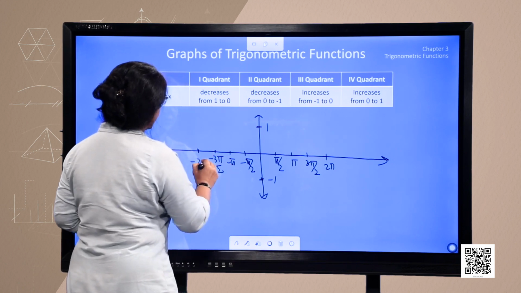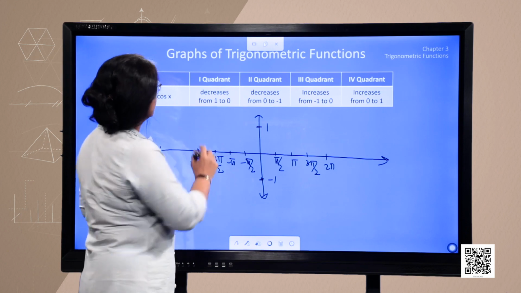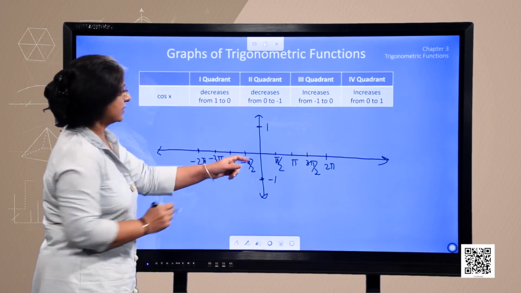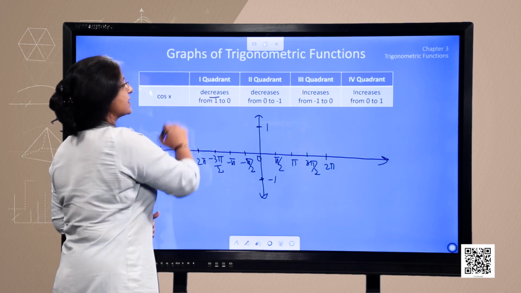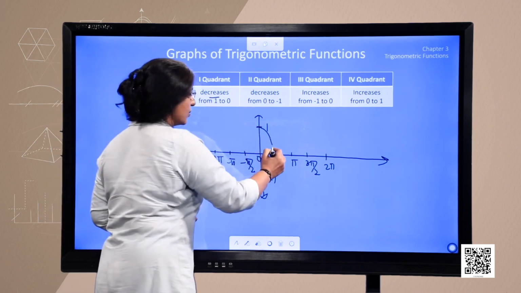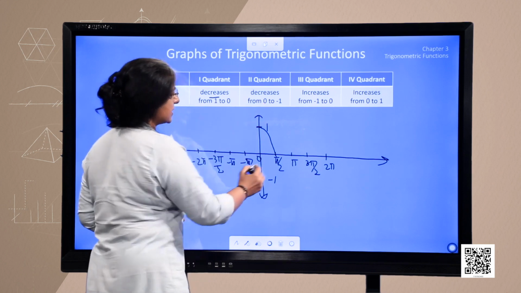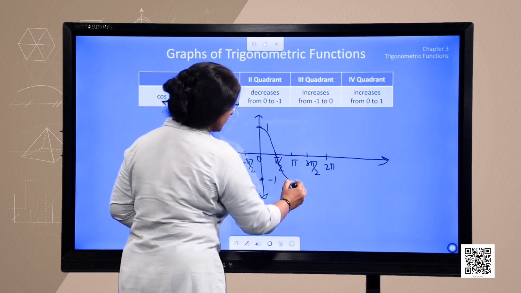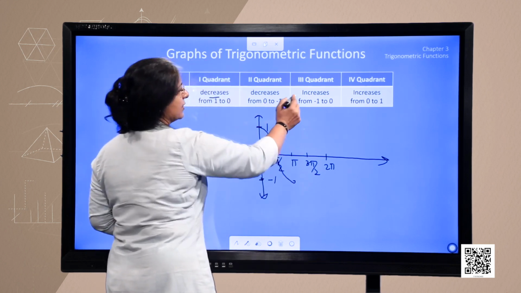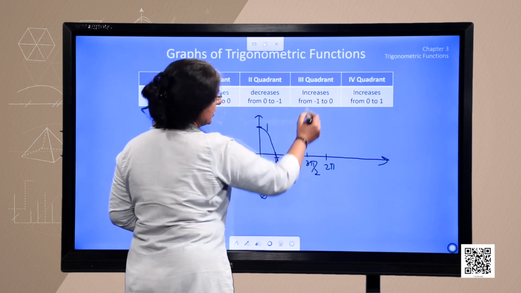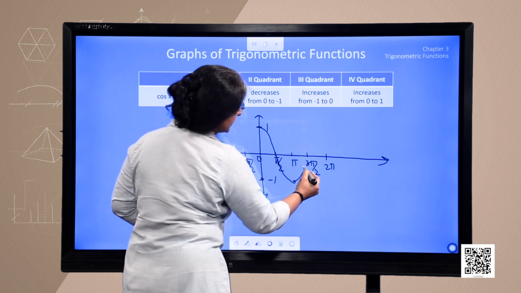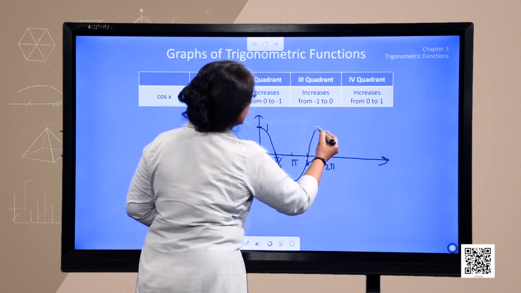Here in the first quadrant, that is from 0 to pi by 2, the value of cos decreases from 1 to 0, and it further decreases from 0 to -1, and in the third quadrant, that is from pi to 3 pi by 2, it increases from -1, an increasing graph, and then it further increases.